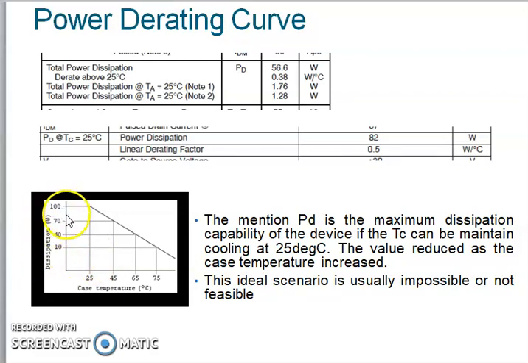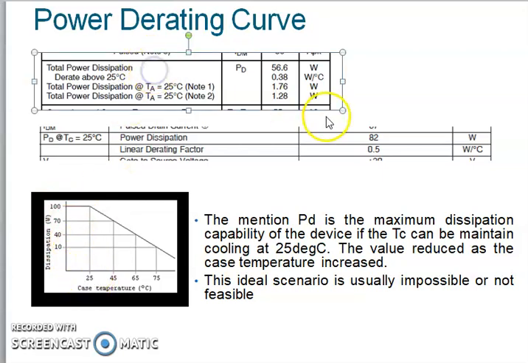Maybe it can withstand up to 100 watts, provided your case temperature is at room temperature of 25 degrees C. But if you expect your device to operate at 45, 65 or 75 degrees C, the maximum dissipating power of the device will reduce accordingly. Maybe at 75 degrees C, we have to limit to 10 watts instead of 100 watts at 25 degrees C.